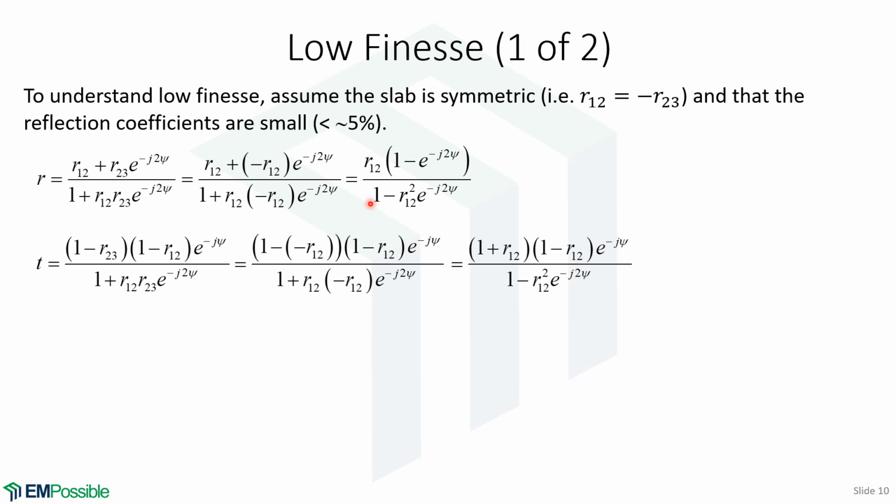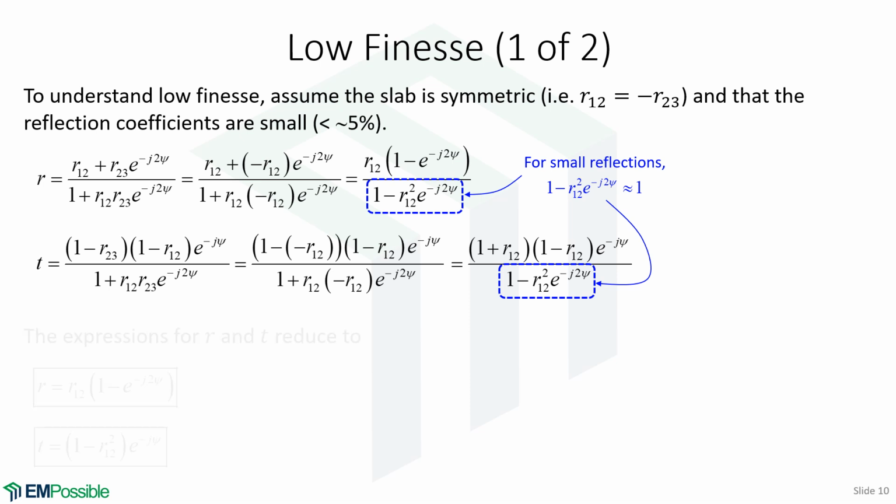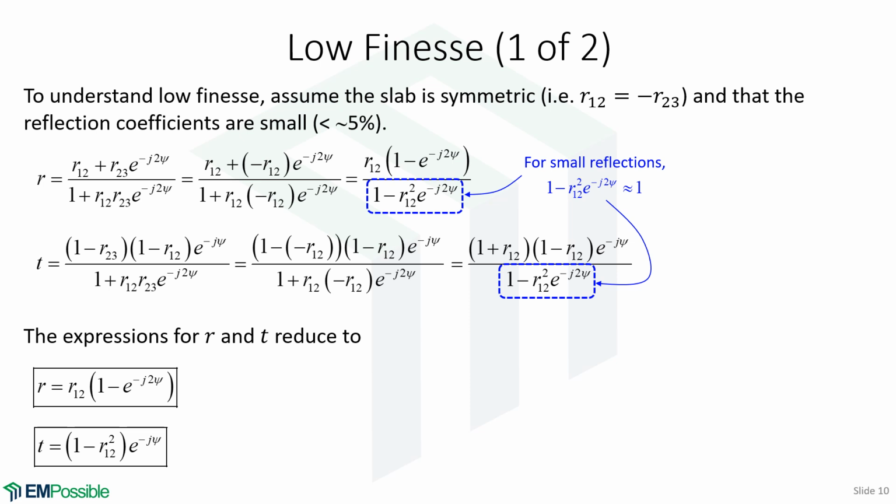So it becomes very small relative to that 1. And in a sense, we can set the denominator equal to 1 for both of these expressions. So in the end, we end up with somewhat general equations for the overall reflection and transmission from a low finesse cavity or a low finesse dielectric slab where there's small reflections.